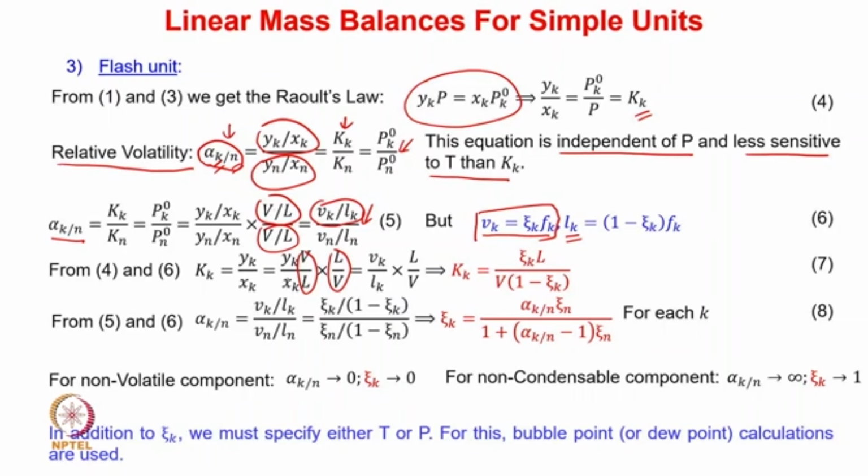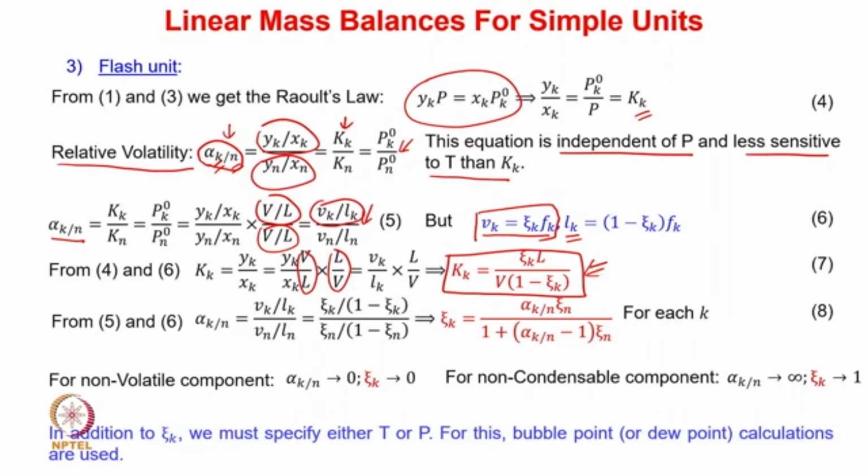So yk into V becomes Vk, and xk into L becomes Lk. So this becomes Vk by Lk into L by V. And Vk by Lk is nothing but zeta k divided by 1 minus zeta k. So by putting that, Kk is obtained as zeta k into capital L divided by V into 1 minus zeta k. This is the expression we have obtained for the Kk.